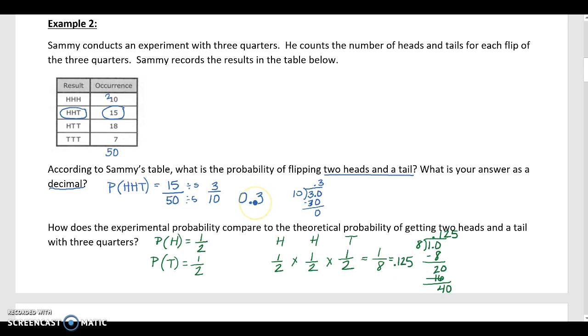So the experimental probability in this situation of 0.3 is greater than the theoretical probability. So it actually happened more frequently than it should have if all of them were equal.